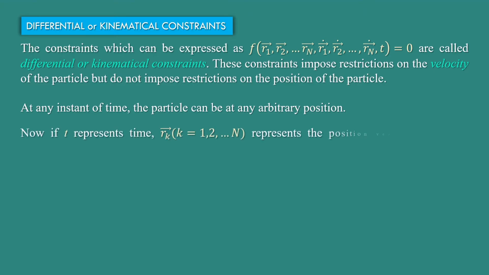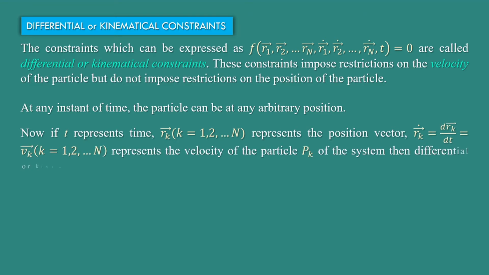Now, if t represents time, then rk vector where k goes from 1 to n represents the position vector. rk dot equal to drk by dt is equal to vk, where k goes from 1 to n, represents the velocity of the particle pk of the system. Then the differential or kinematical constraint is f of rk, rk dot, t equal to 0.